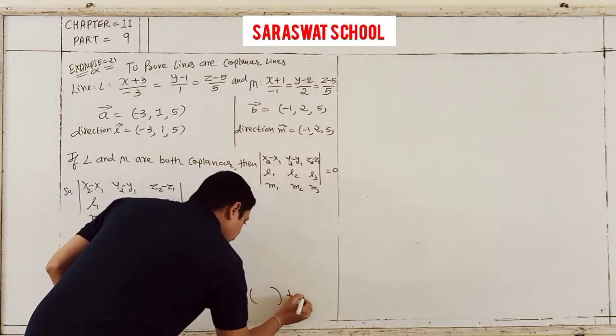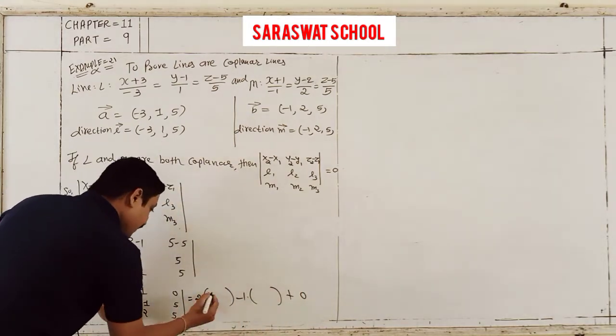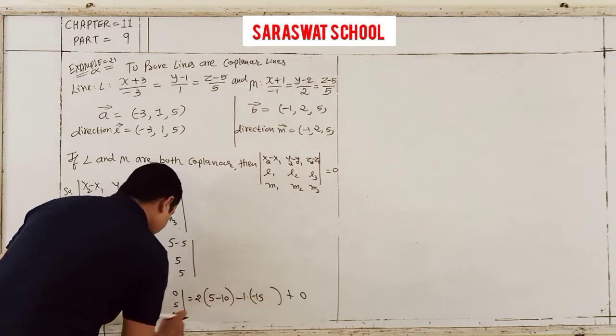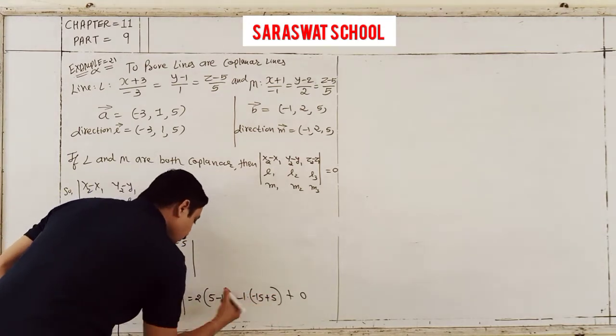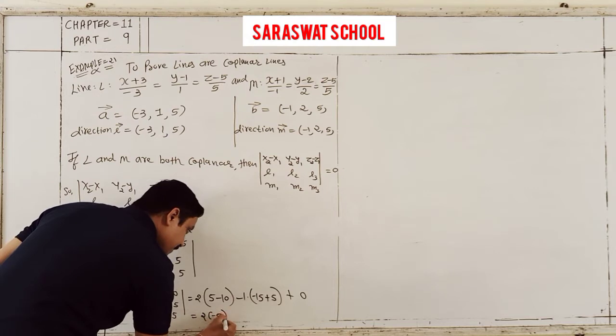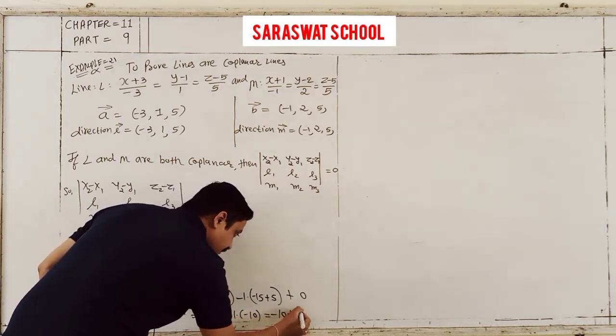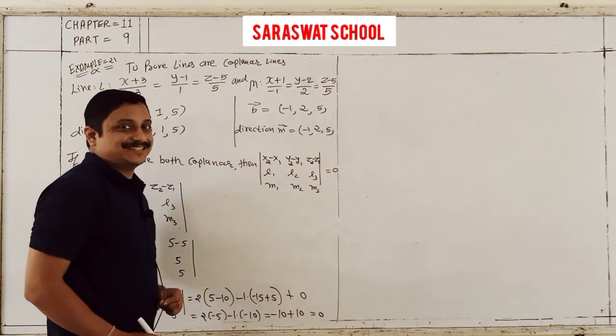So here the solution is 2 minus 1, but last of the 0. Here 5 to 10, last minus 15 and plus 5. So here 2 with minus 5, minus 1 with minus 10, indirectly minus 10 plus 10, but finally the answer is 0.